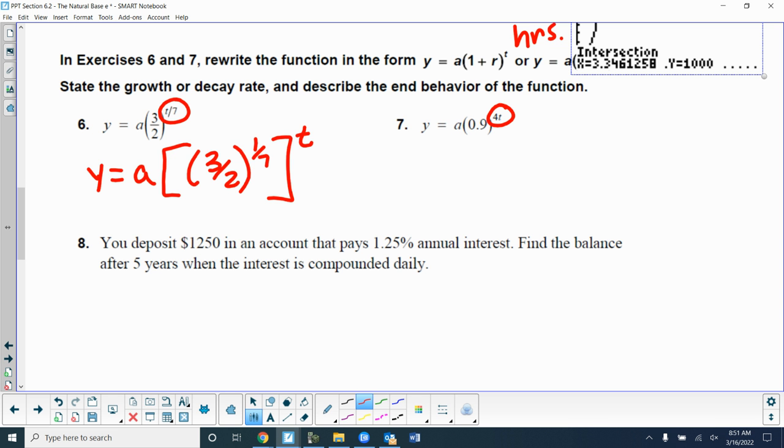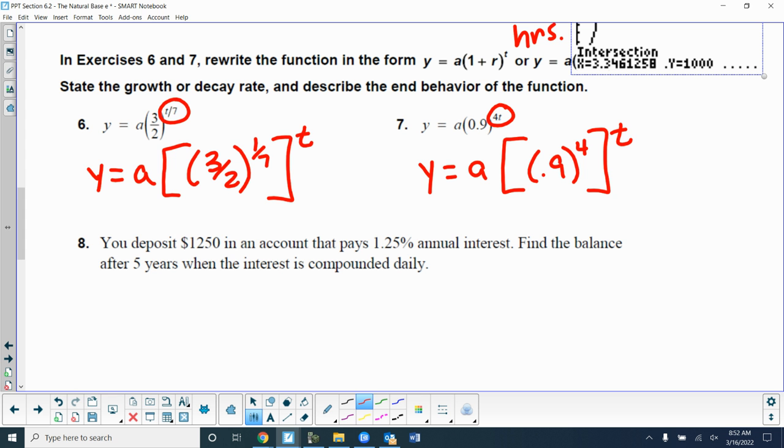So I'm going to put that in my calculator. For this one, I'm going to go 0.9 to the 4th power, and then the t. The reason I'm doing that is so I can see if that's going to be growth or decay, with just one number in there.